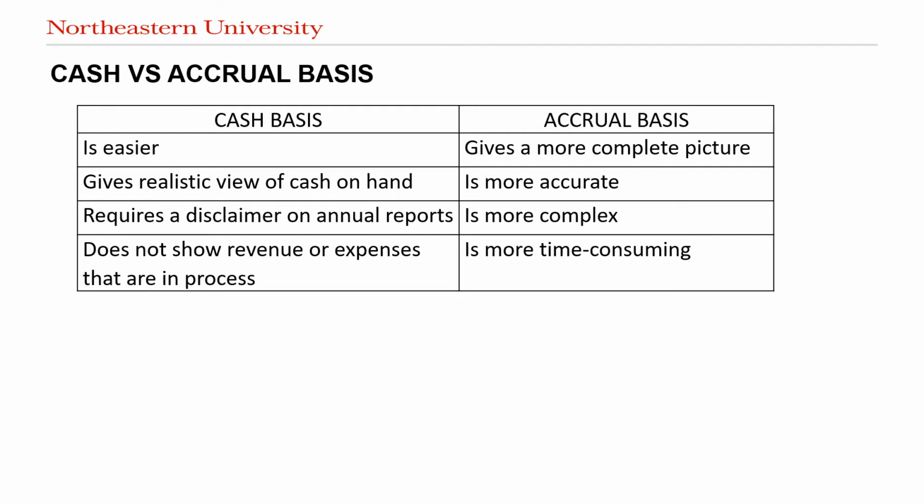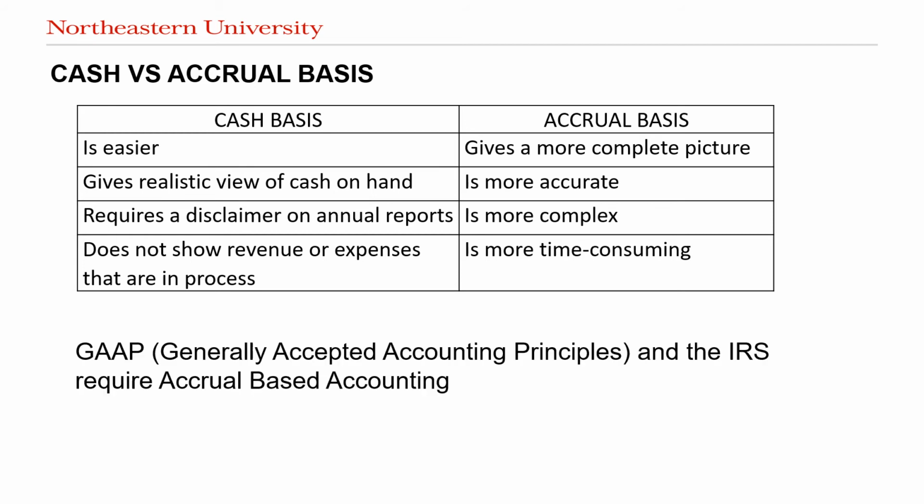Accrual-based accounting does give a much more complete picture. It's much more accurate because it shows revenues that will be coming in and expenses you will in the future have to pay. However, it is much more complex and is a much more time-consuming way of doing your accounting. Now, GAAP, Generally Accepted Accounting Principles, and the IRS will require accrual-based accounting.